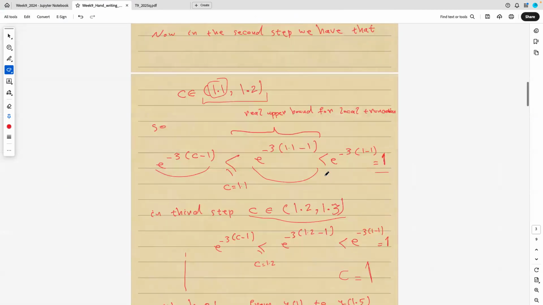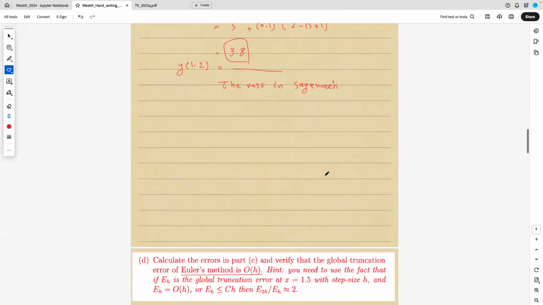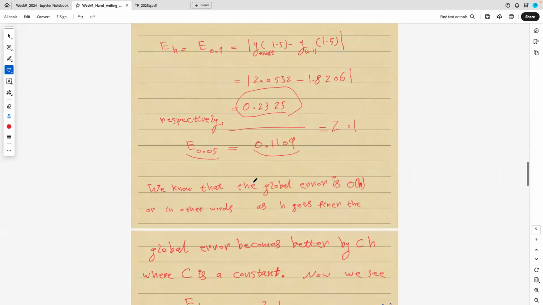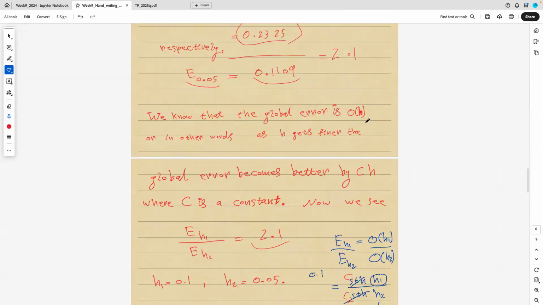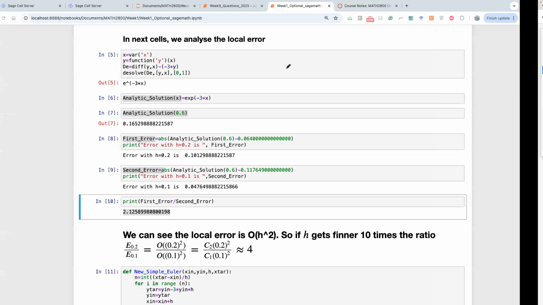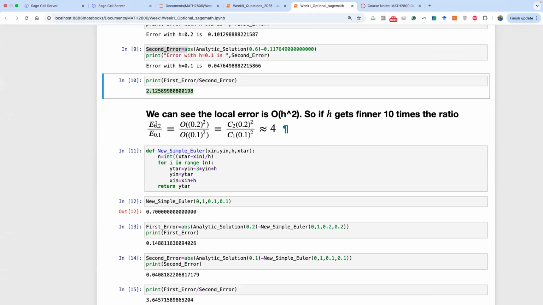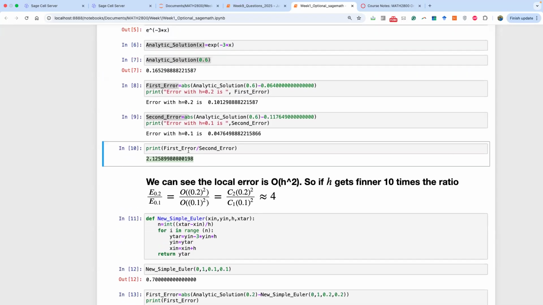So you see that I did the same thing, the same question as for question 1. It's this one. We just practice the extra thing. We can see the other thing, like the local error is O(h^2) as h gets finer using the improved Euler method.